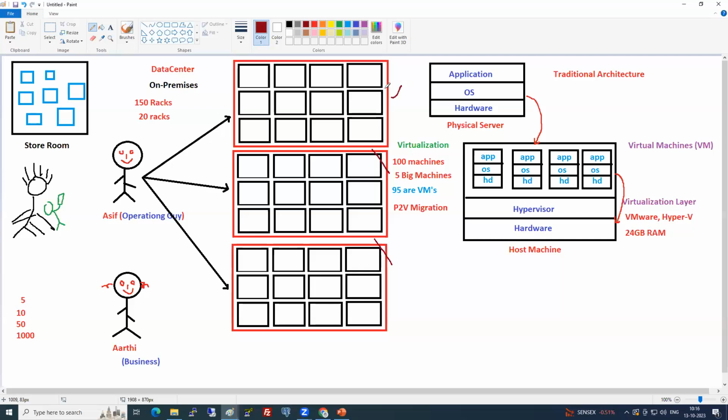And I always say this. Should I tell you one thing here? One twist. It is not Asif here. It is me, in real time, who did all this physical to virtual migration. For that I got a Best Excellence Award from Mr. Narayana Murthy sir in Infosys.